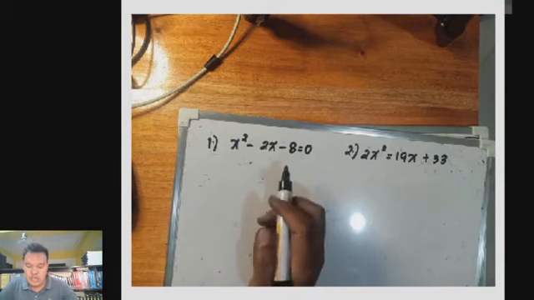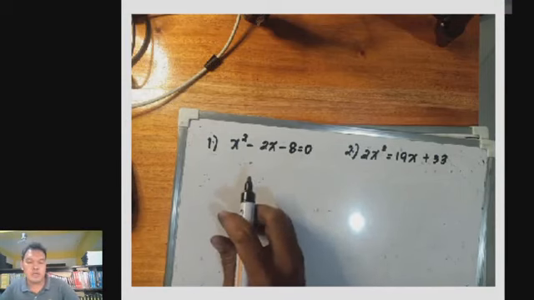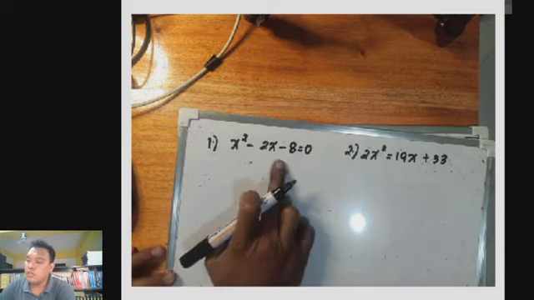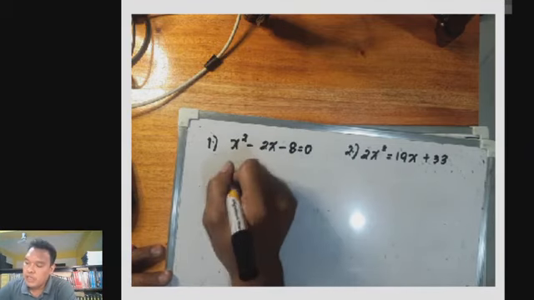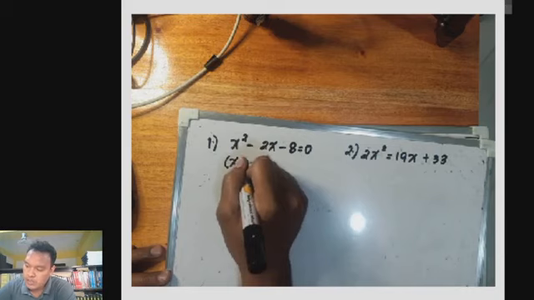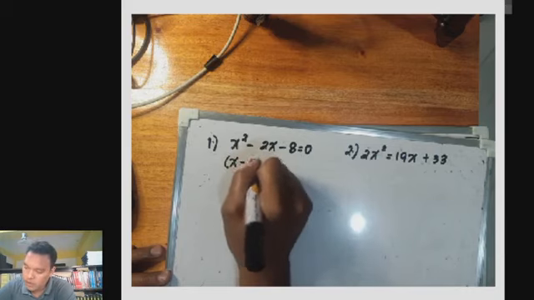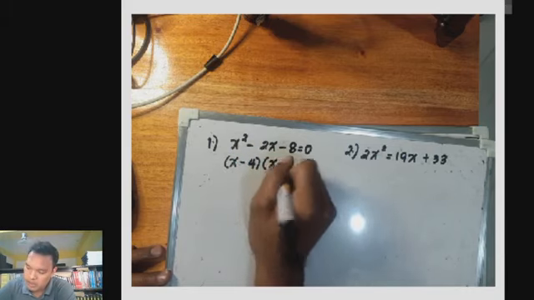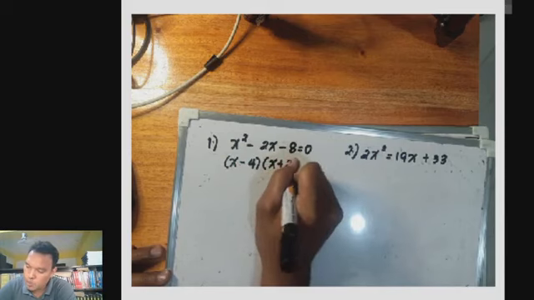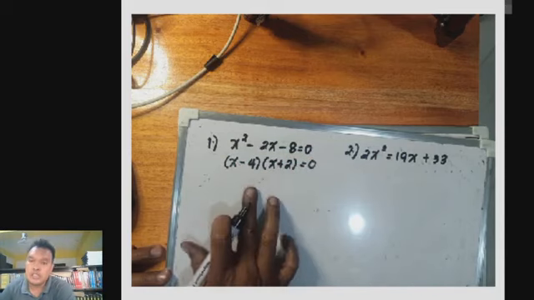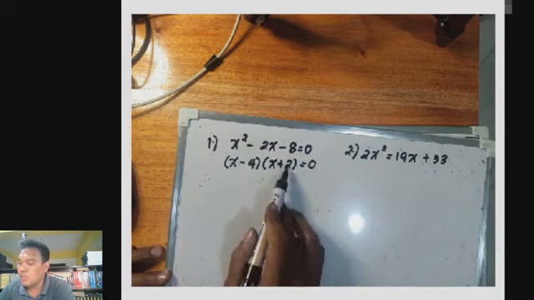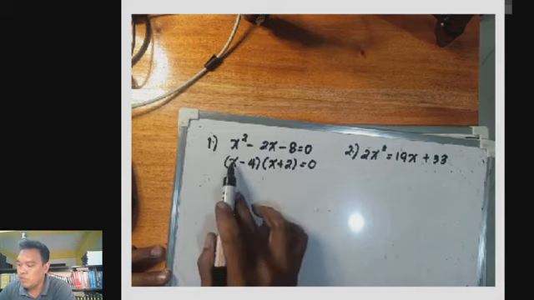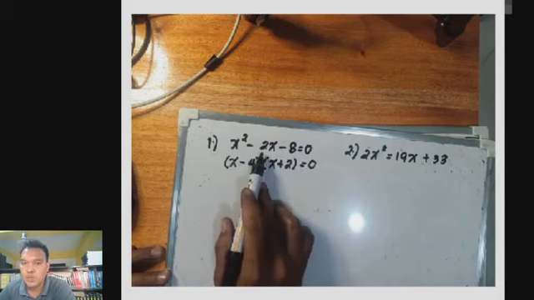So, first is solve the equation by factoring. To factor this equation, we can see that x minus 4 times x plus 2 is equivalent to 0. No? So, lalabas ito, multiply dito is negative 8. Ito, multiply doon at ito, multiply doon is negative 2x.